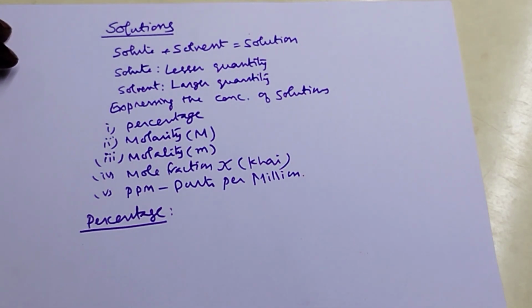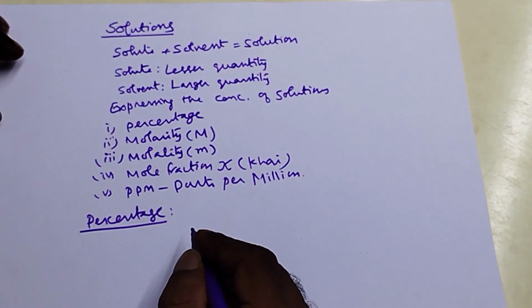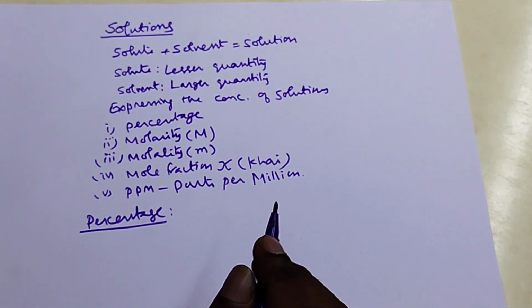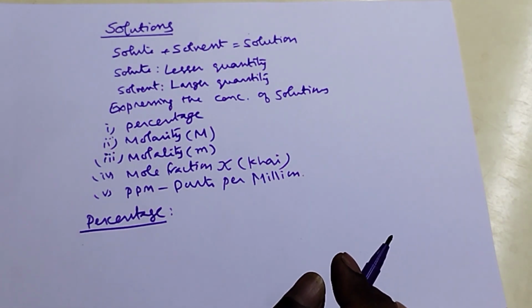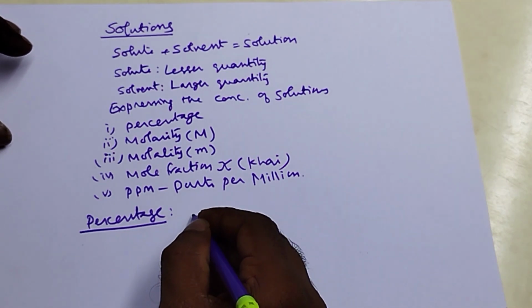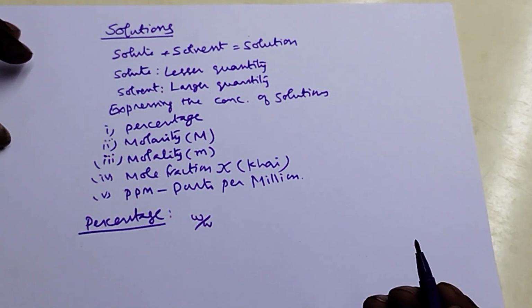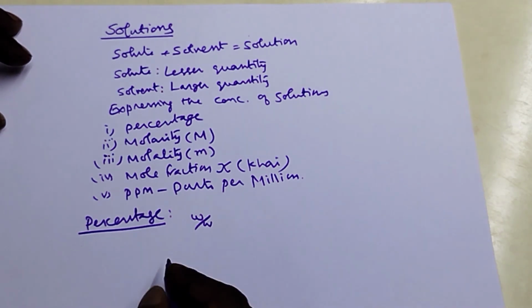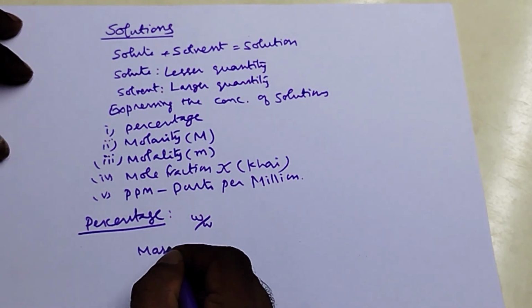What is a percentage? If there are two components, a solute and a solvent, and both are present as solids, then we say weight by weight percentage. Suppose you want to find the mass percentage of solute.